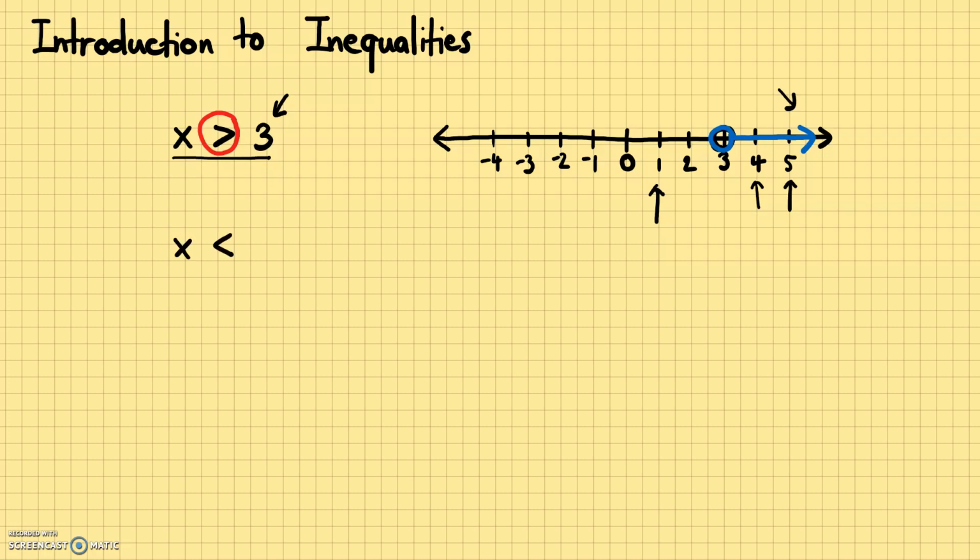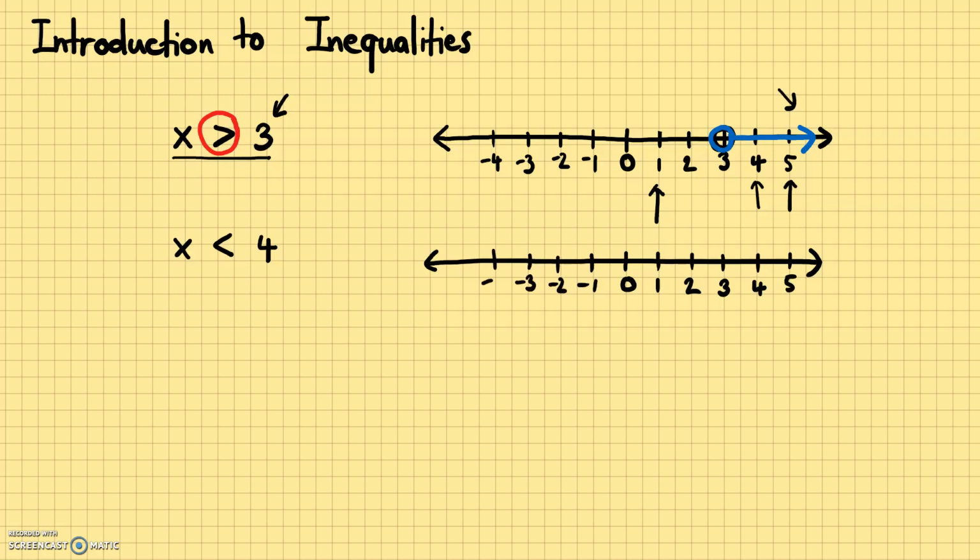X is less than 4. Okay, again, let's draw a number line for this. 0, 1, 2, 3, 4, 5 on this side, and negative numbers on the other side. Okay, so again, circle this number.